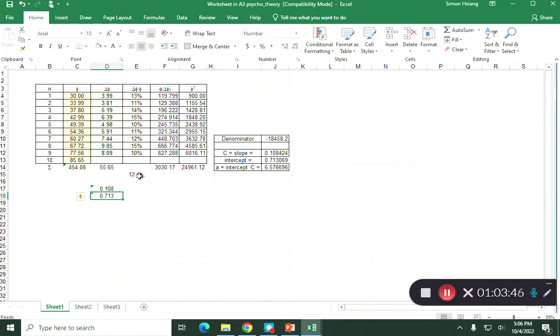And once you figure out your slope and your intercept, the next thing you want to do is calculate these 2 terms. And because you have those 2 terms, you can easily calculate what is the denominator, what's the slope, what's the intercept, and here. And these 2 numbers should equal to the Excel number, okay?